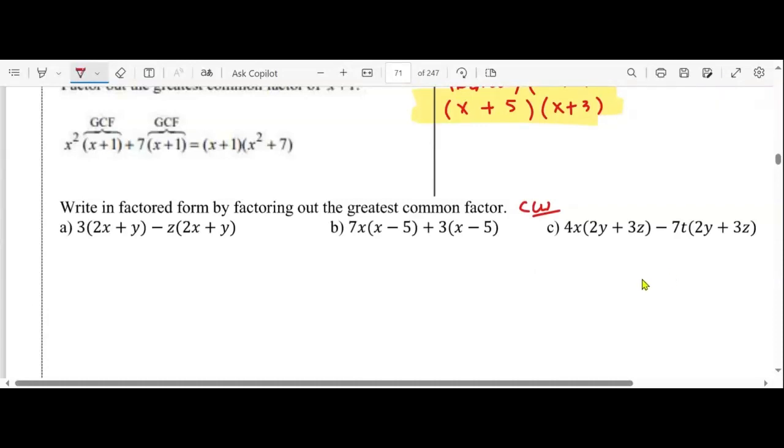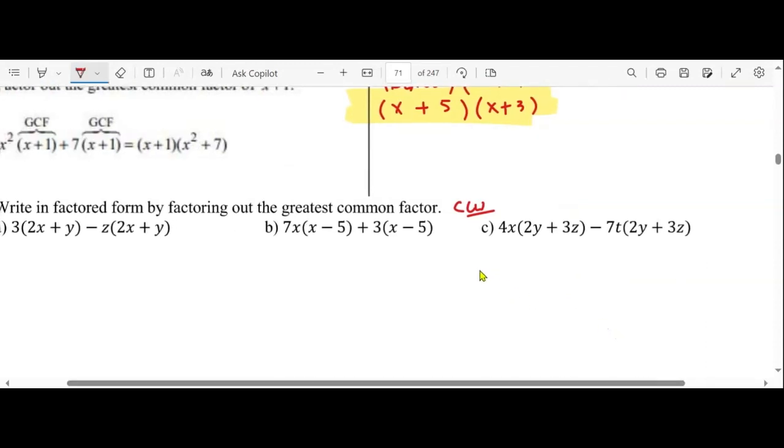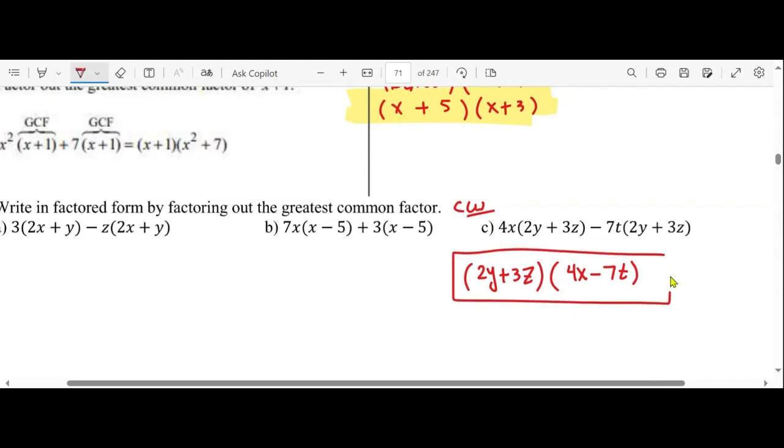Yalla, take it out. What's left? 4x minus 17. That's it. That's your final answer. Easy as easy. Write it inside your notebook.